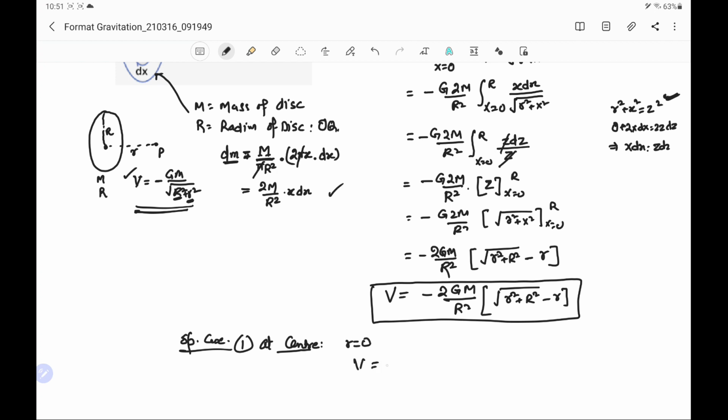It gives V equal to minus 2GM by R square, and if r is 0, then it is simply R minus 0, so it is equal to minus 2GM by R. It is the gravitational potential due to the circular disk at its center. Next, we will find the gravitational field due to the circular ring and the circular disk.